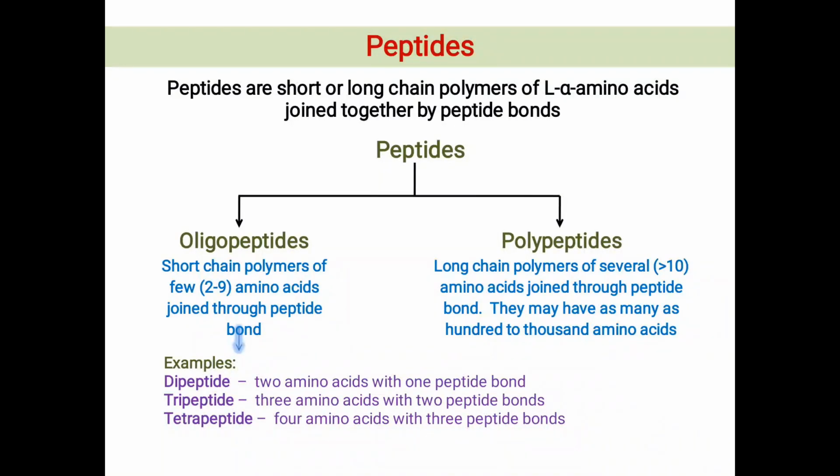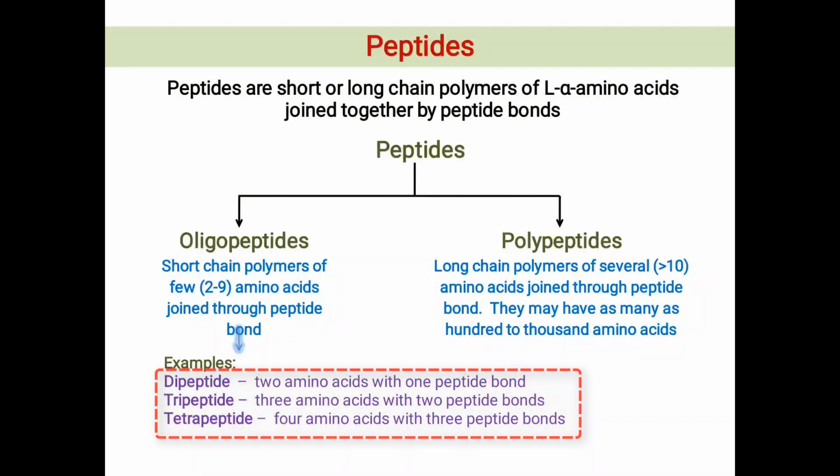One particular point should be noted: the word dipeptide does not mean the presence of two peptide bonds. Dipeptide means two amino acid residues joined together by one peptide bond. Likewise, a tripeptide has three amino acids with two peptide bonds, and a tetrapeptide contains four amino acid residues bound together by three consecutive peptide bonds.